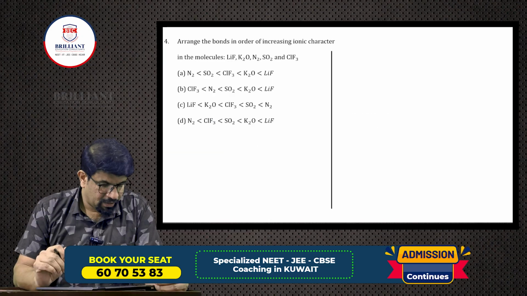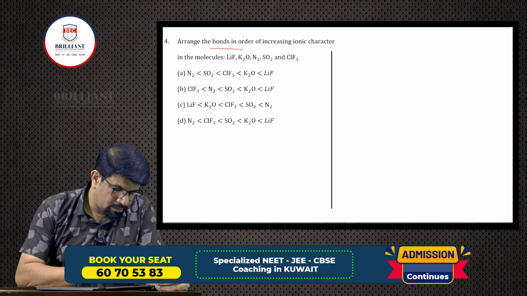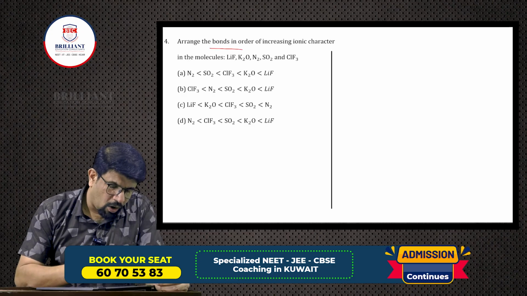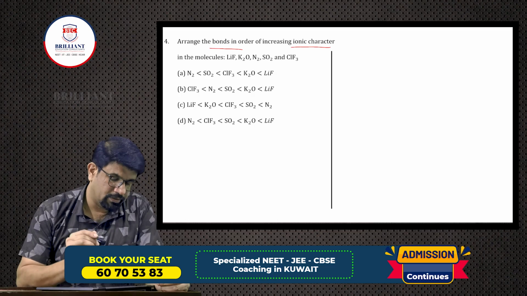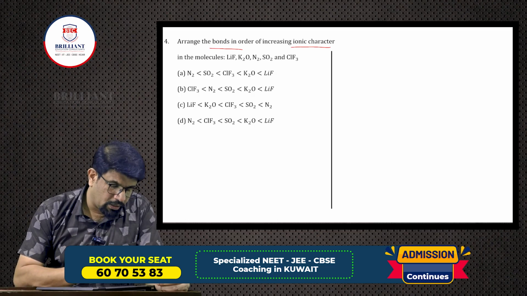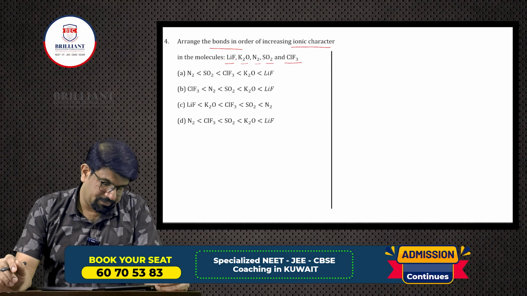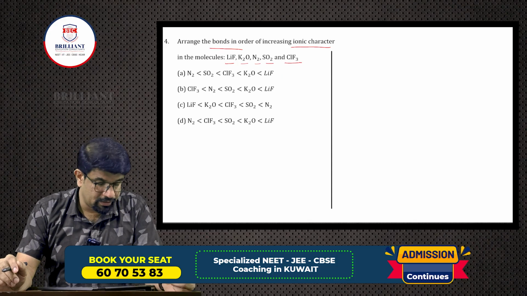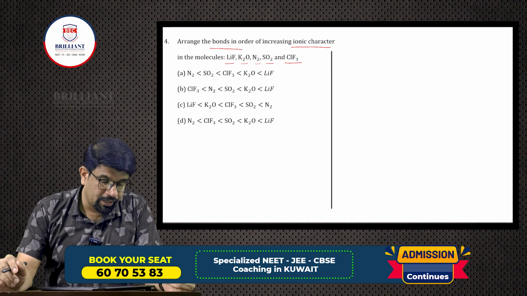Next question. Arrange the bonds in the order of increasing ionic character in the molecules. They are given the molecules LiF, K2O, N2, SO2 and ClF3. How can we find the increasing ionic character?